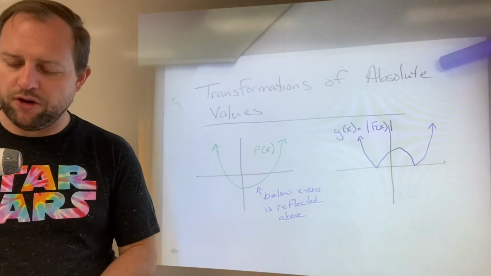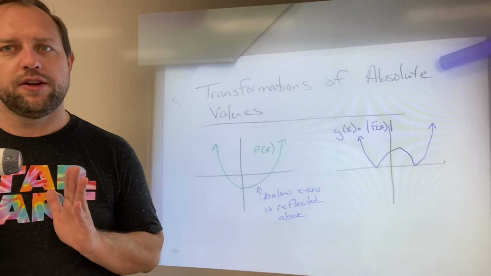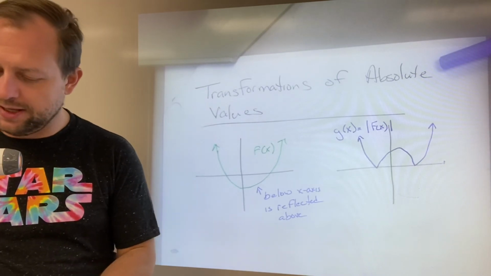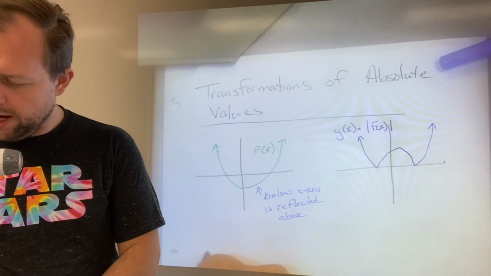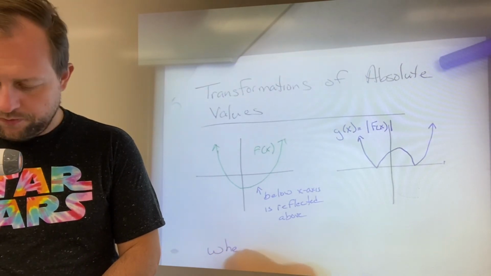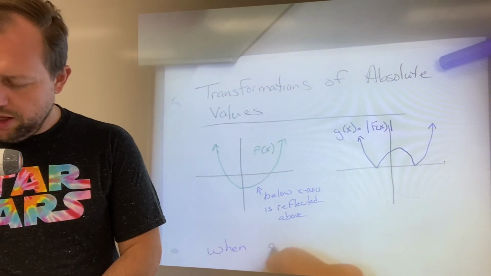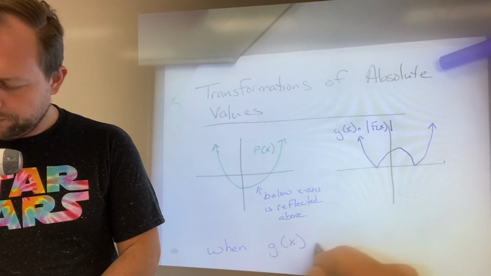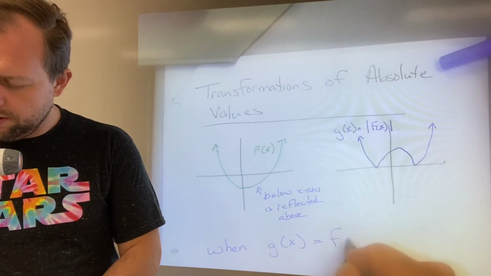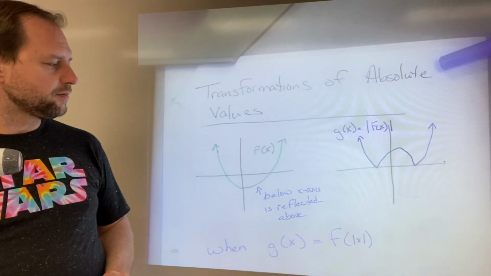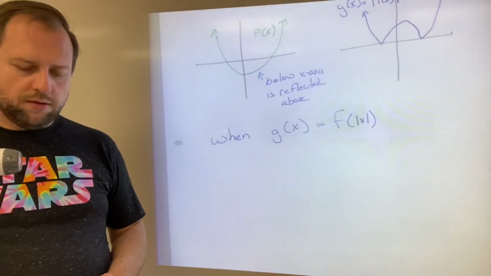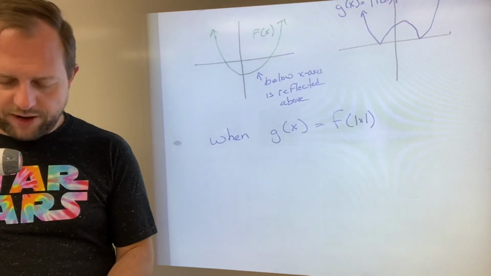What happens if we only look at the absolute value of the x inside the function? So what happens when g of x is equal to f of the absolute value of x? Well, let's graph a f of x.